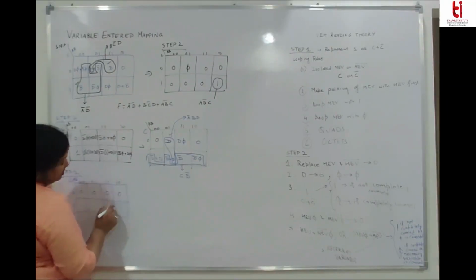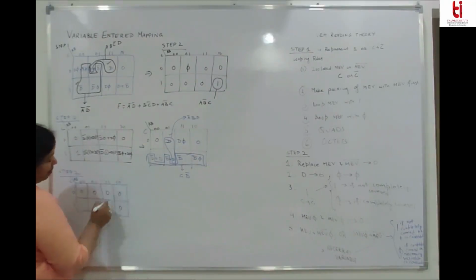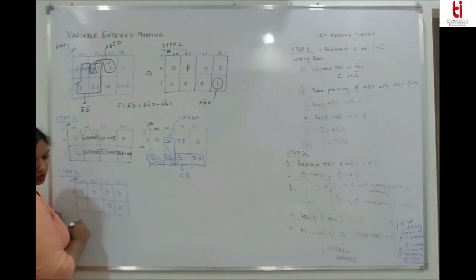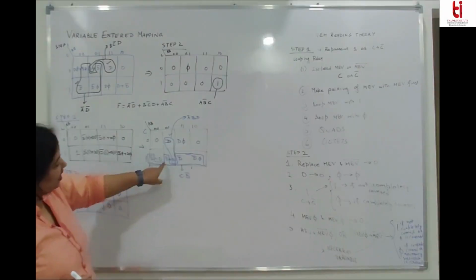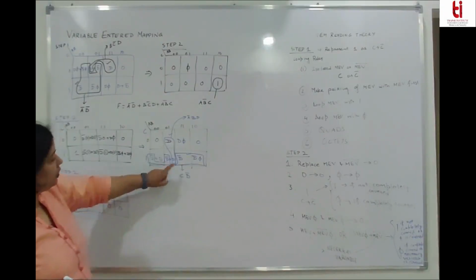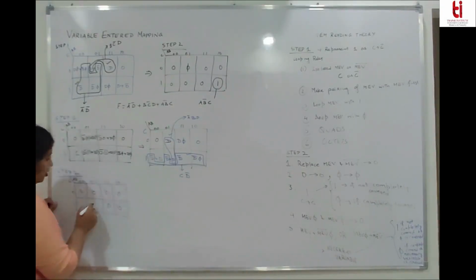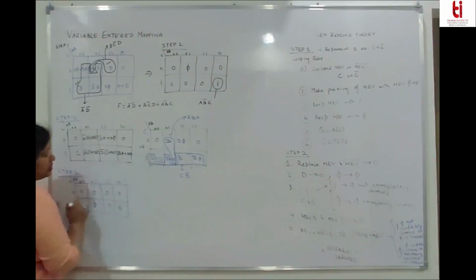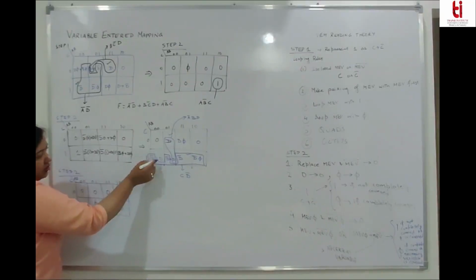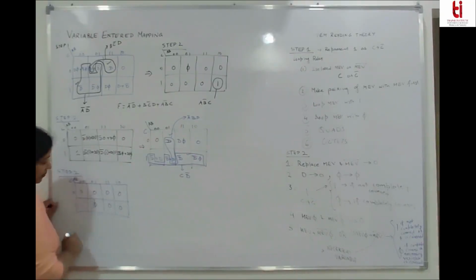D bar 5 with 0, map entered variable with 0, D plus D bar 5. This is fully covered. This is also covered, this is also covered. That means it is 5. In this, D is not covered, this is covered, this is not covered. So it is 1.